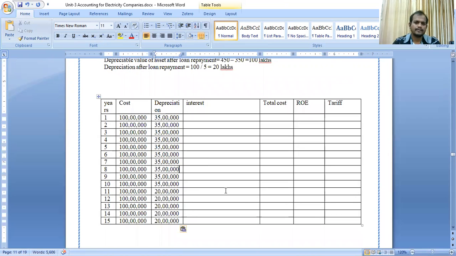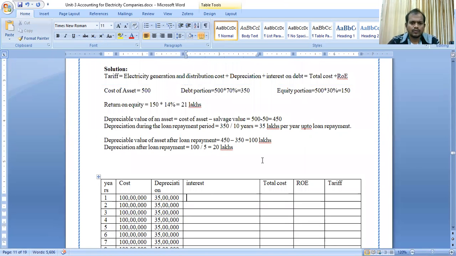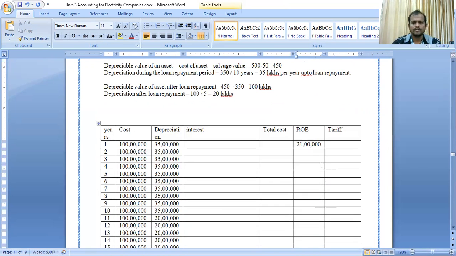So what else we have left over? So we calculated the depreciation and return on equity. We already calculated it. So return on equity is 21 lakhs.